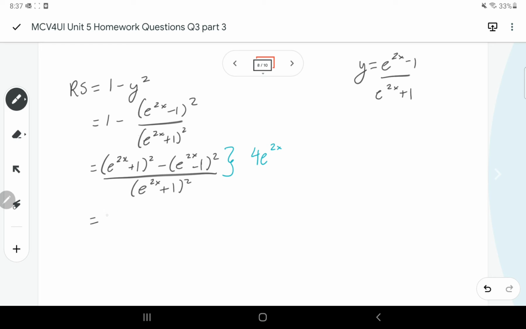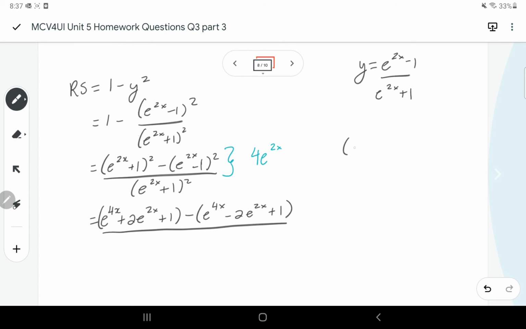Here I've got e to the 4x, because I would add my exponents, plus 2e to the 2x plus 1 minus e to the 4x minus 2e to the 2x plus 1. That's just multiplying out e to the 2x plus 1 by e to the 2x plus 1, or the minus 1, the same thing, and then just actual FOIL to multiply those out. I didn't show that step.